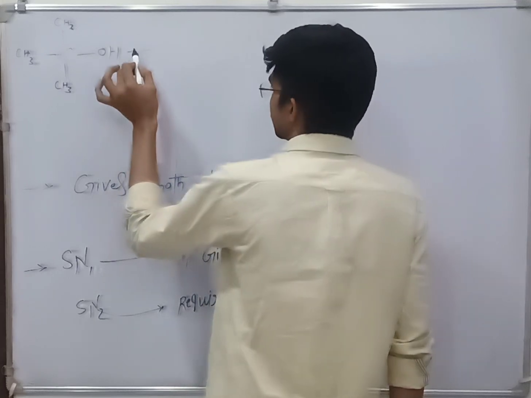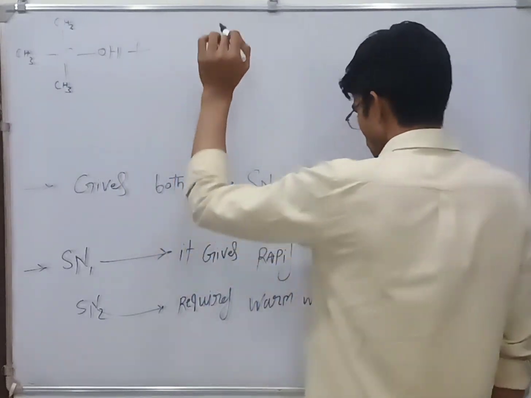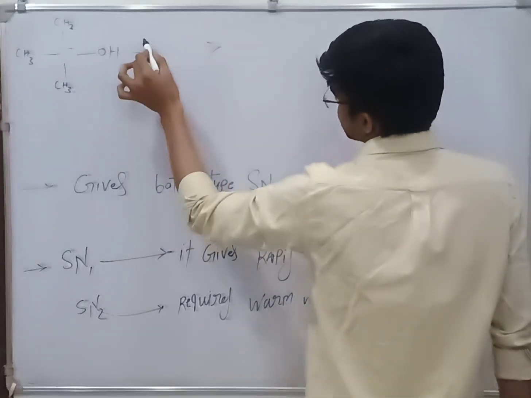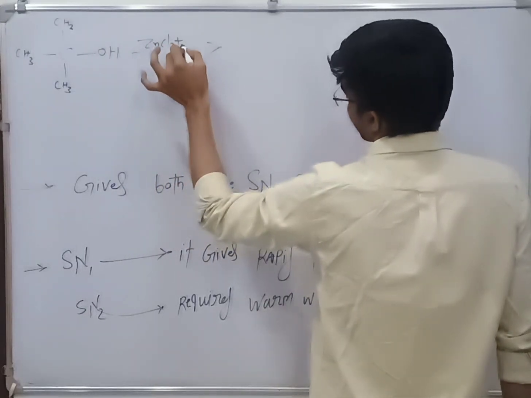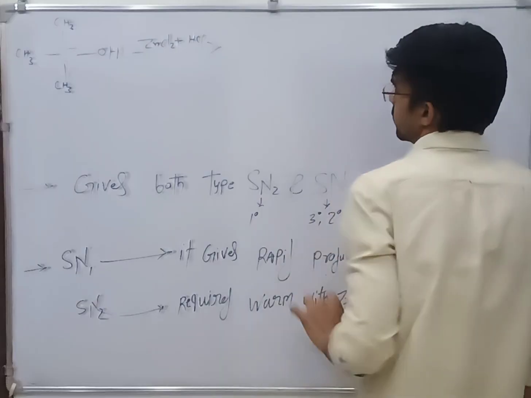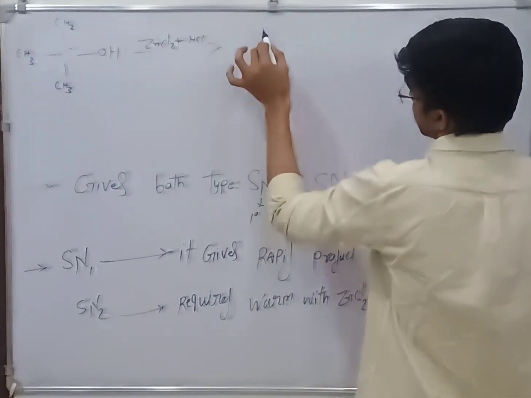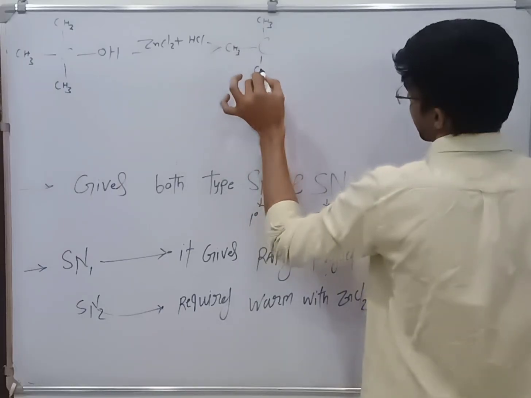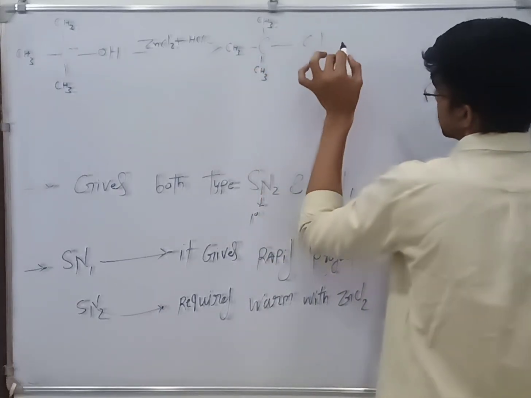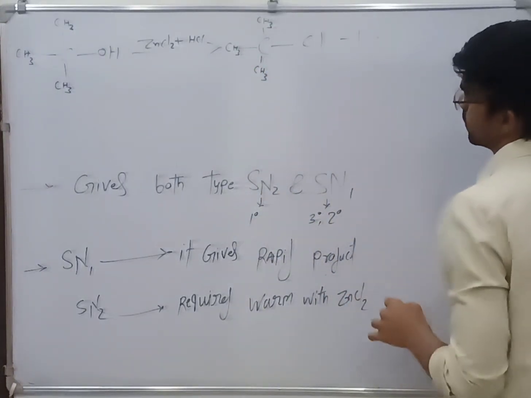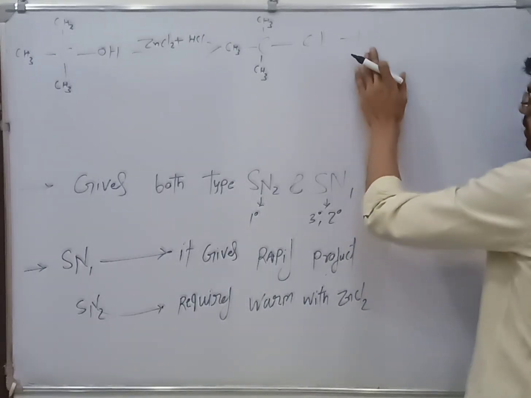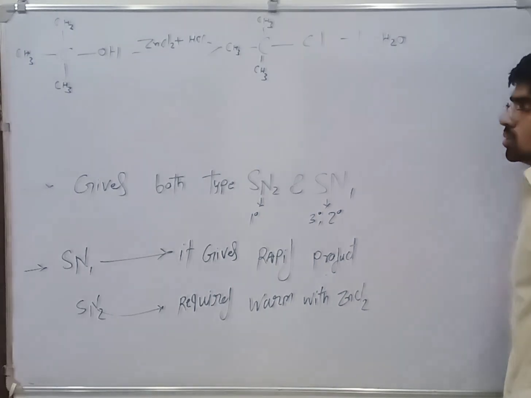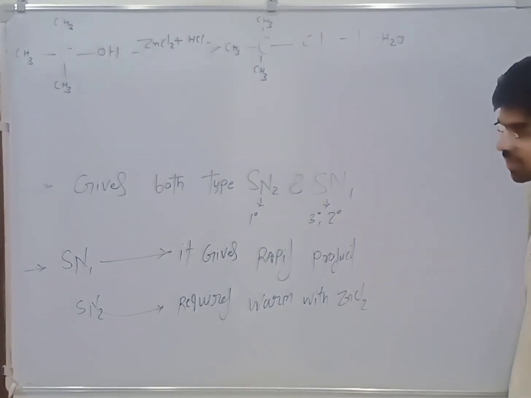We will react it with HCl, ZnCl2, that is Lucas reagent, and it will give a product immediately, R-Cl plus H2O. So it will give the product immediately.